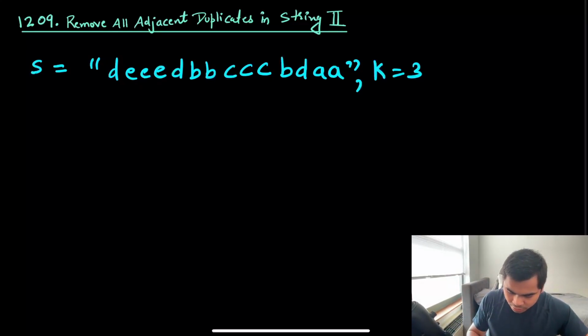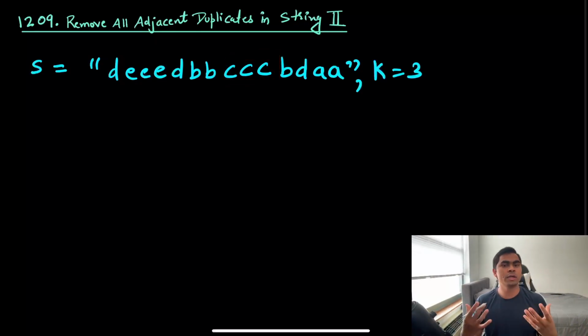It means we choose k, which is 3, same letters at a time and remove them, and we keep doing it until we no longer see k same letters in a row.